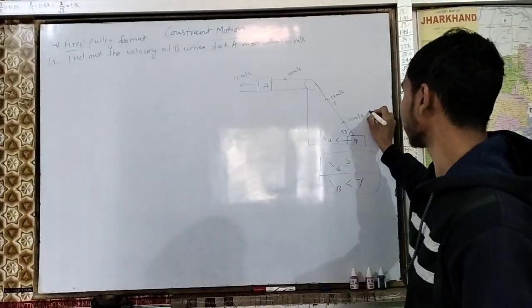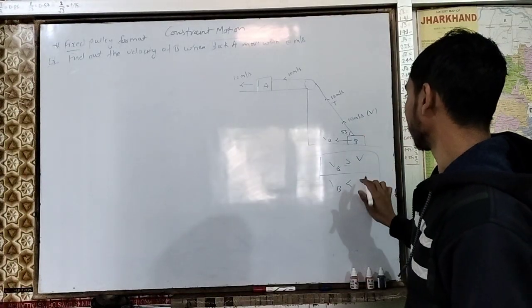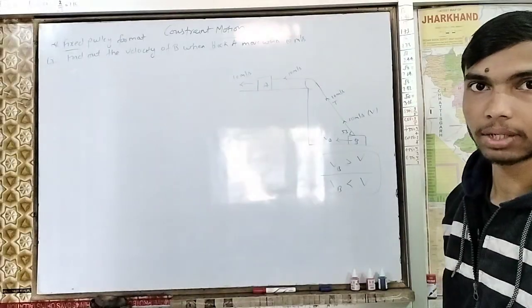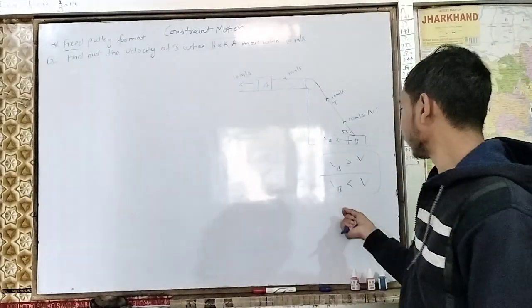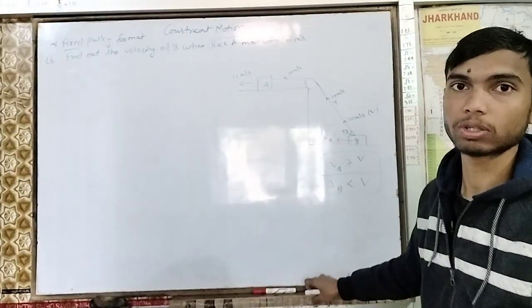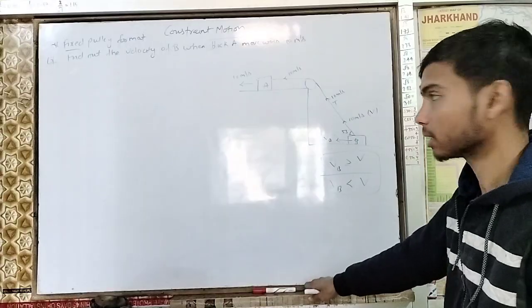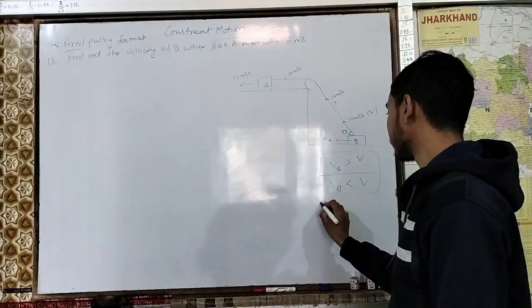Let's say this is our V. Clear? In that case, our string will slack. If this V is more than the velocity of B, then the string will break.